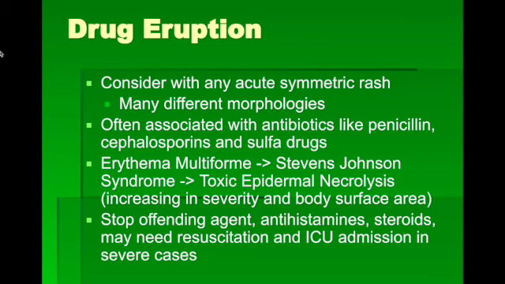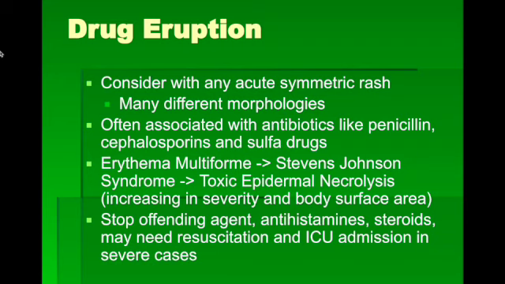And the spectrum goes from erythema multiforme to Stevens-Johnson syndrome to what's called toxic epidermal necrolysis. That's basically increasing in severity and body surface area. So the toxic epidermal necrolysis is more severe, affecting a lot more body surface area, which you can imagine carries much more risk to the patient for a lot of the things we mentioned in the previous slide.